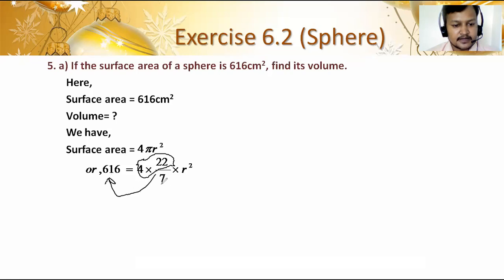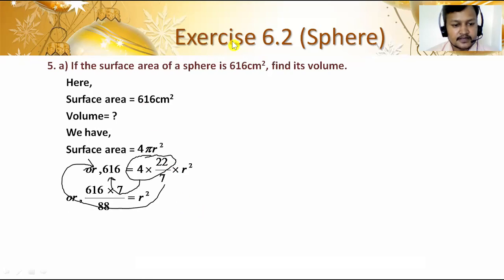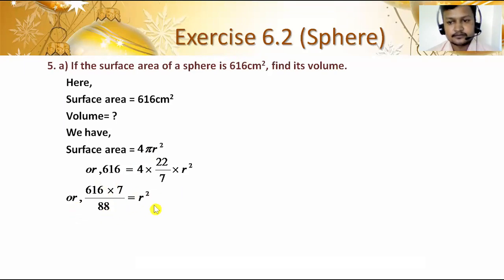It goes there and divides, and 7 is multiplied to it because it is in the denominator. The value in the denominator goes to the other side into the numerator and gets multiplied. The values multiplied on this side go there and get divided. So do the same thing. That is 616 into 7 divided by 88. Calculate its value.